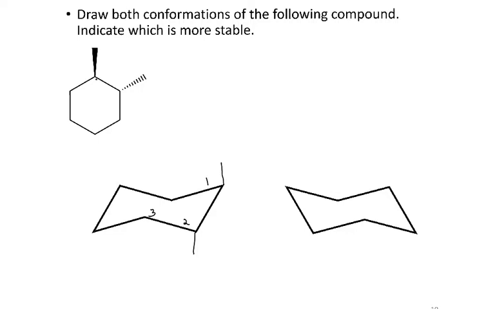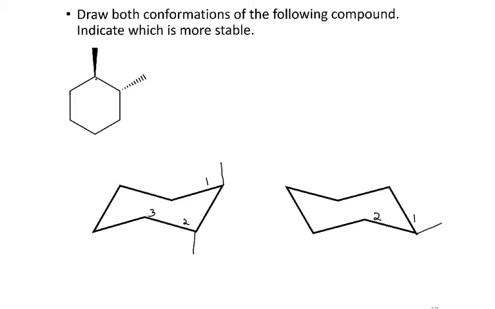And then when I switch to the other conformation, the atom that was the head is now the foot. So this is 1, this is 2, all right? And the methyl was axial here and up, so it's going to be equatorial and up in the other conformation.